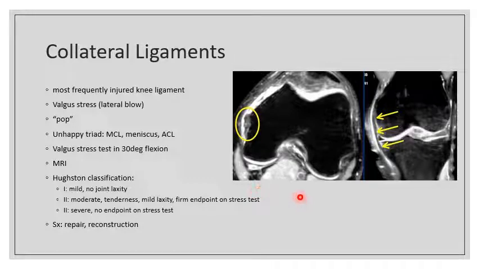We check this by using the valgus stress test in 30 degrees flexion. On MRI, you can see a disruption of your MCL, and in this part there's separation of the MCL. The grading classification is basically mild, moderate, or severe, depending on the endpoint of your stress test.